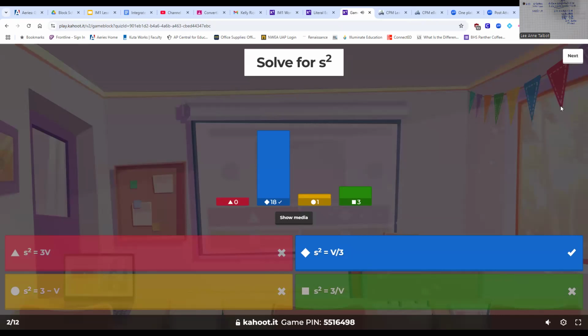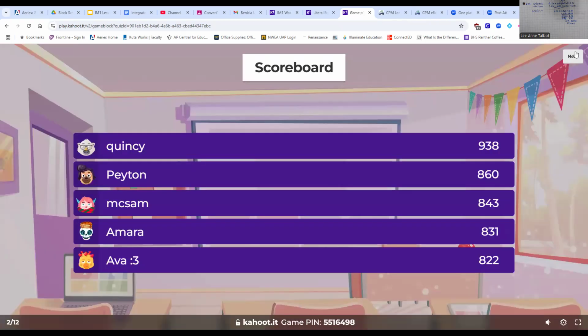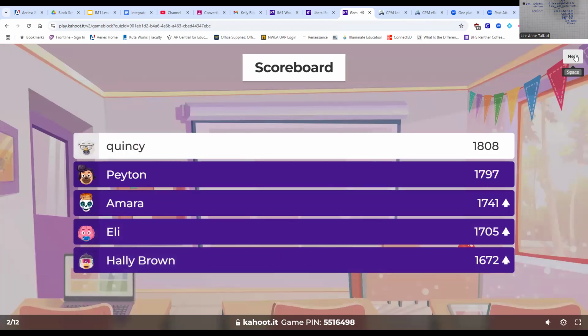Again, this one was multiplication, so you divide. But you divide by the thing you want to get rid of. And she's on fire.